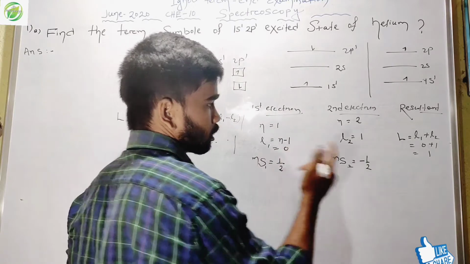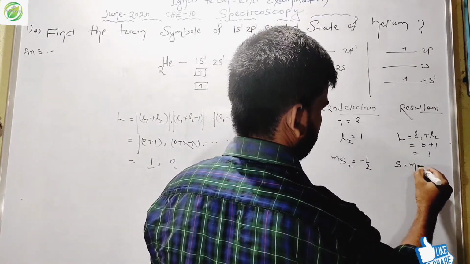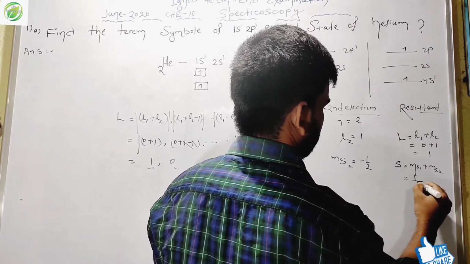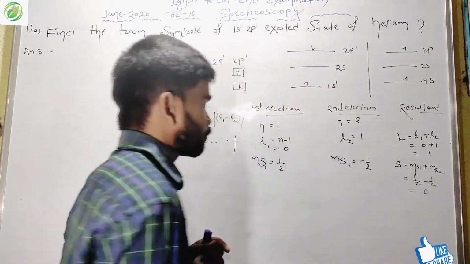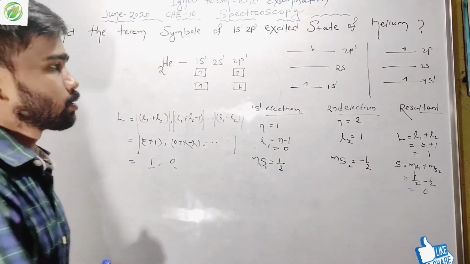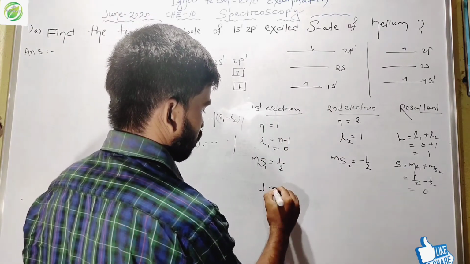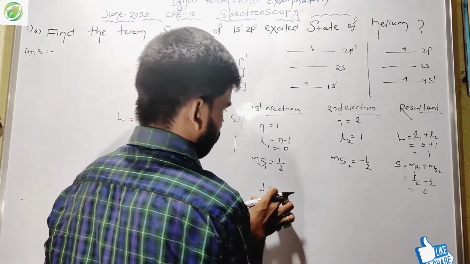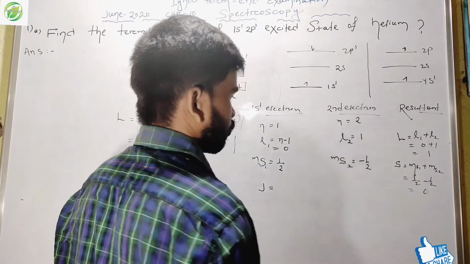The resultant spin quantum number is 0. So the J value, the total angular momentum, is the addition of the S value and the L value.